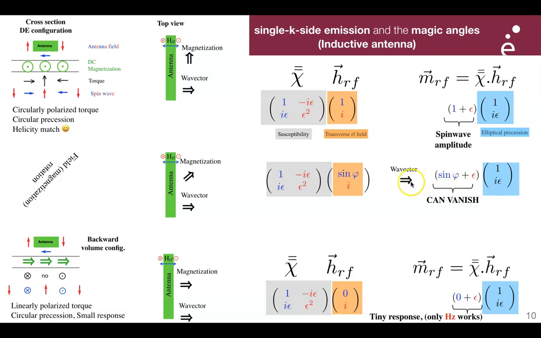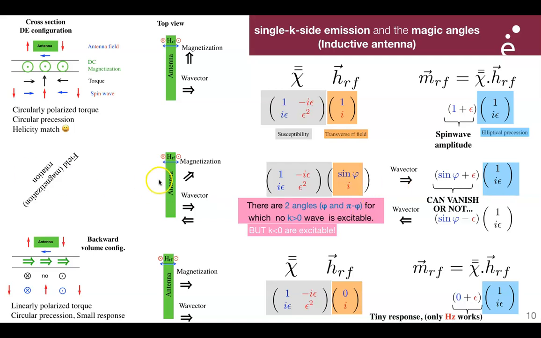It can vanish for a given wave vector direction. If you use the other wave vector direction, it doesn't vanish. So you end up in a very interesting situation where you've selected an angle, okay? And in fact, you can be in a situation where it's impossible to excite positive wave vectors, and it's possible to excite negative wave vectors.